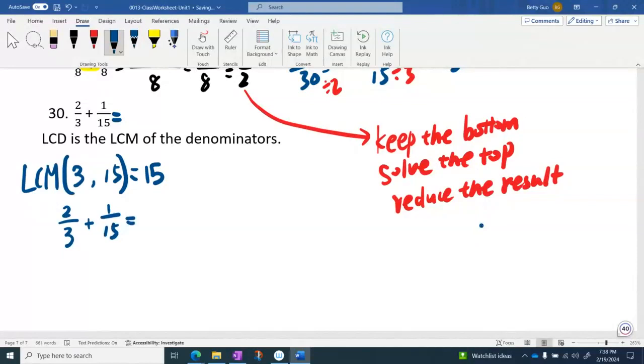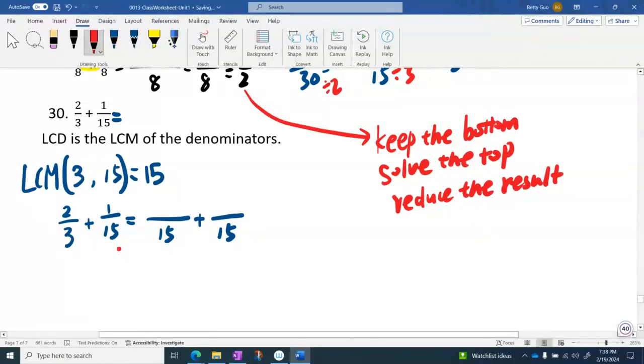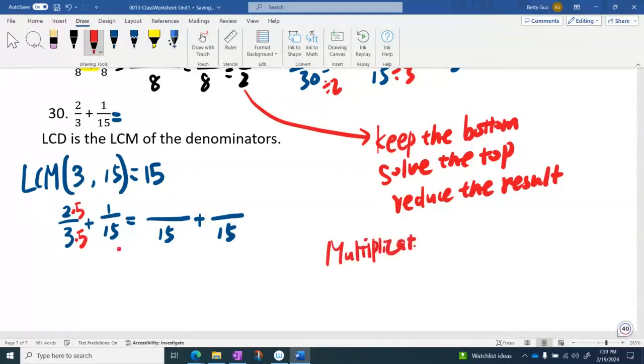We want to write both of the 2 fractions as their equivalent fractions with denominator 15. How do we get that done? The second fraction already has a denominator 15, so we don't have to worry about that. You would multiply by 5 on multiply. Exactly. Multiply by 5. Yeah, that is called a multiplication property of fractions.